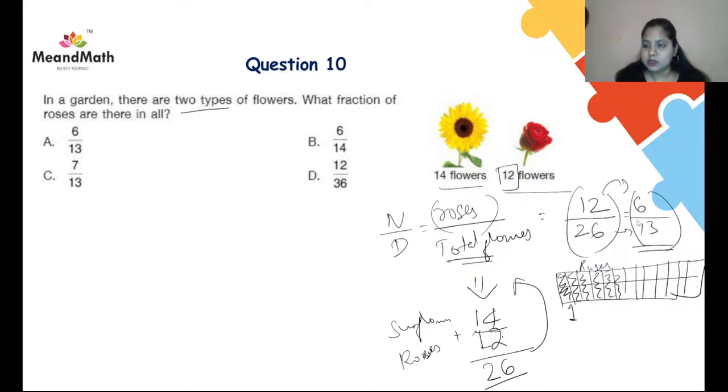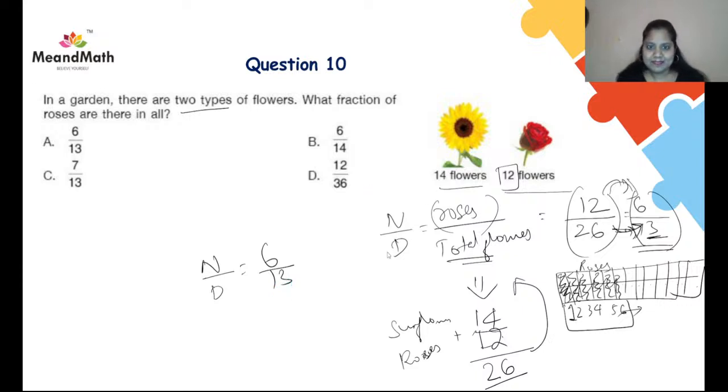When we convert into a grouped or reduced form, this will be 1, 2, 3, 4, 5, 6. So the shaded part, the ones which are roses, are 6. To make it a total of 13 parts, 12 is reduced to 6 and 26 is reduced to 13. So the numerator and denominator will become 6 by 13.